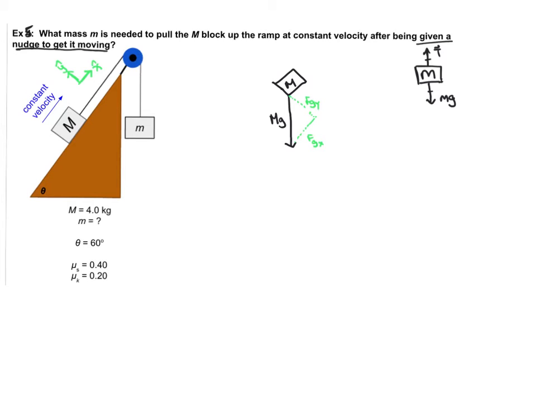It's going to have a normal force on it. And like all the other ramp questions we've done, it's going to balance out F_Gy. So double tick marks here. It's got tension.